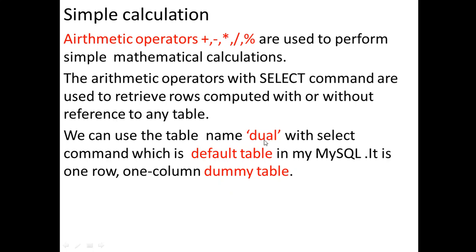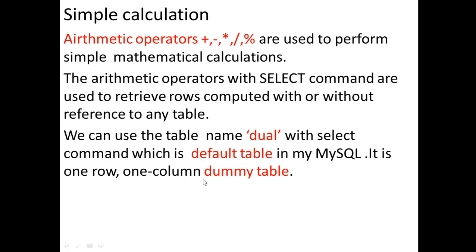We use the table name DUAL with the select command. It is a dummy table in MySQL, which has one row and one column. So we simply specify the name of the table as dual for any type of arithmetic operations you want to perform.